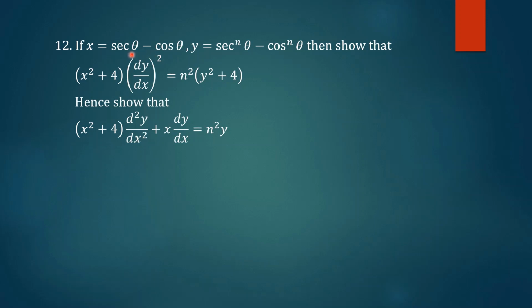So the question may be asked like this: x is equal to t minus 1 by t, or 1 by t minus t, reciprocals of one another, and y can be t to the power n minus 1 by t to the power n, or 1 by t to the power n minus t to the power n. If the question gives those types of terms, t minus 1 by t or t power n minus 1 by t to the power n, then also the answer will be exactly the same.